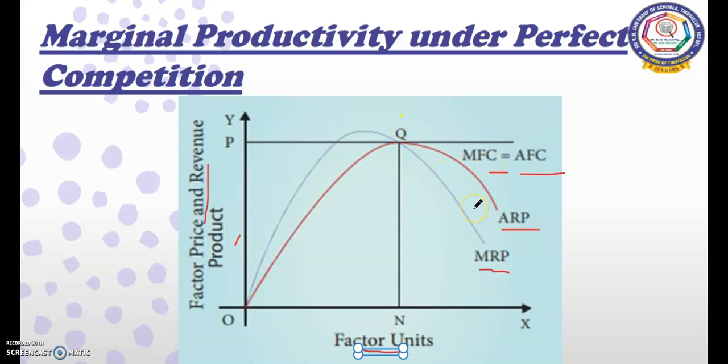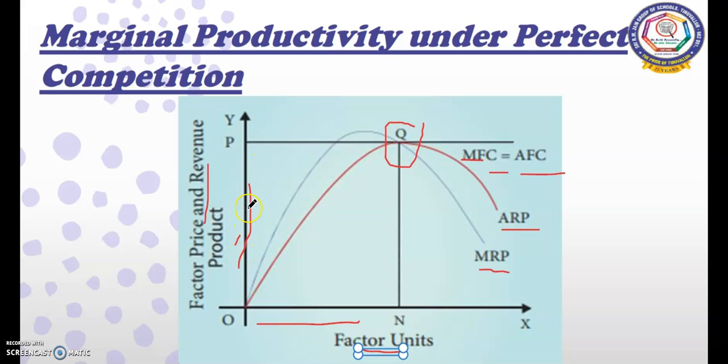So when there is perfect competition in the factor market, the firm is in equilibrium. So equilibrium means earning maximum profits when MFC equals MRP. So hence in the diagram, the firm reaches equilibrium at point Q, by employing ON units of factors and paying OP price.